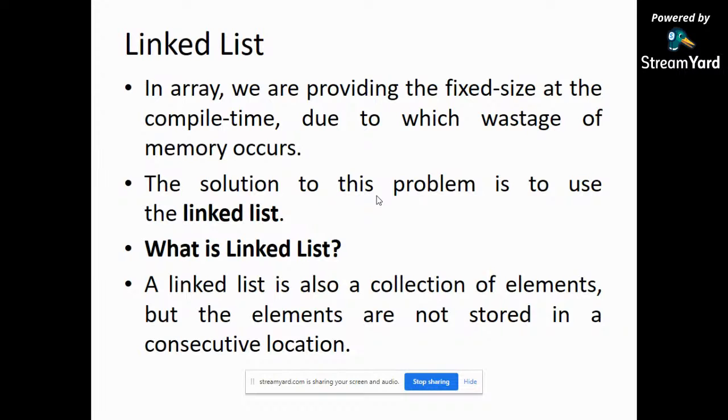For example, if beforehand I had taken the size of the array as 50, this means that 50 multiplied by 2 bytes of memory locations will be allocated for storing data in the array. But at runtime, I am in need of only 35 variables, meaning I am storing only 35 values. So the rest of the space for 15 variables which I had created already will be wasted. That is the problem with array.